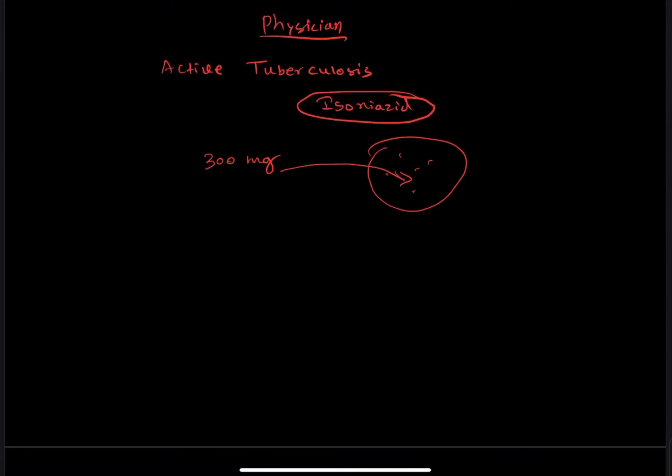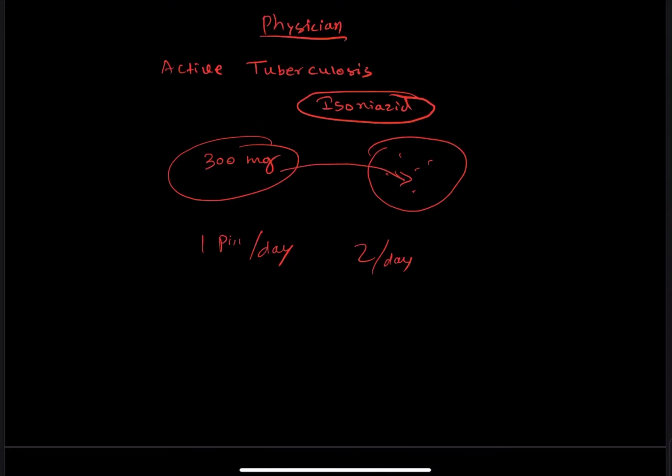And why is that important? Usually the physician prescribes isoniazid 300 mg, and you take 1 pill or tablet per day, right? Why don't they give you 2 per day? Because think about it this way.